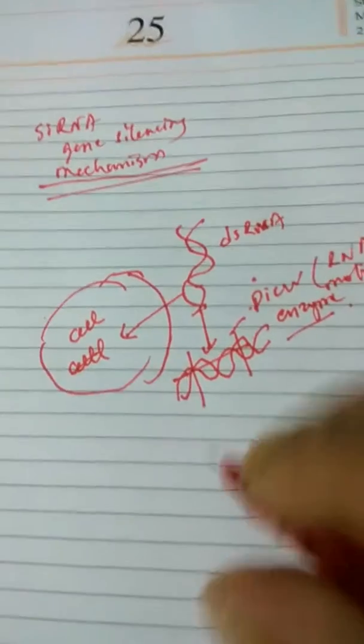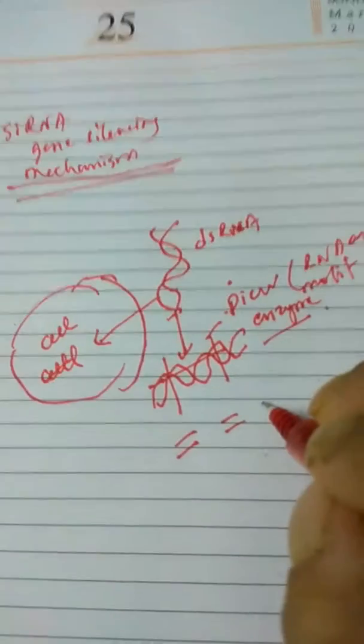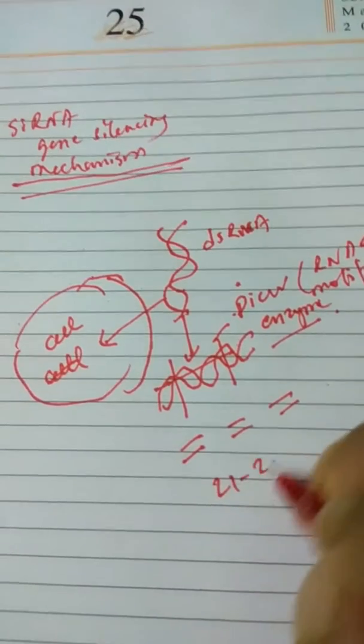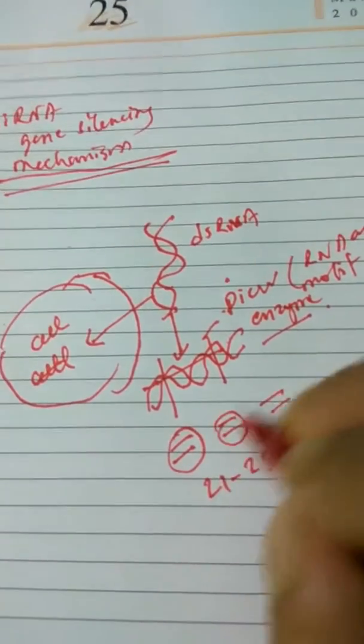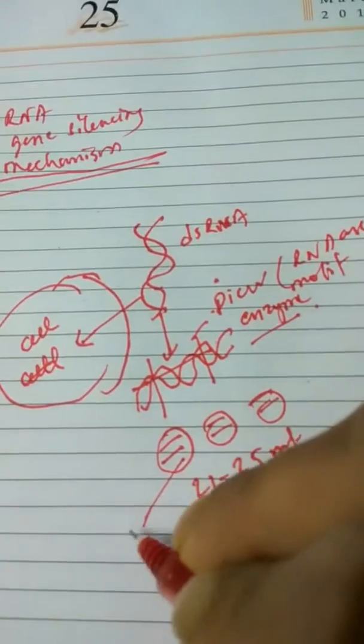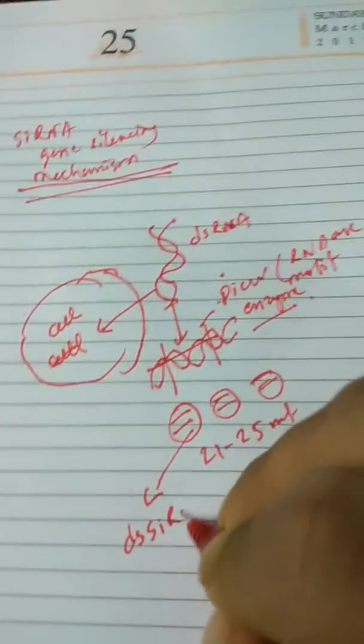The smaller pieces are 21 to 25 nucleotides long, and these small fragments are actually your double-stranded siRNA.